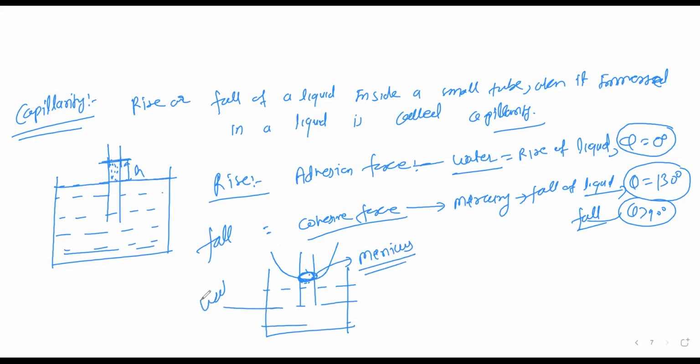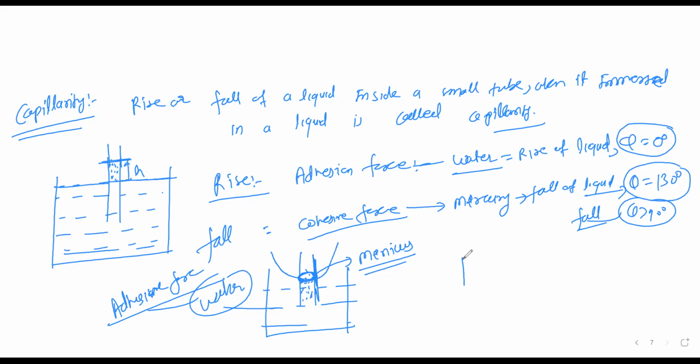If there is water, there must be a rise. Why is it happening? It's due to adhesive force. Adhesive force is the force between different surfaces, for example a glass surface and a water surface. And cohesive force is always between the same surfaces.